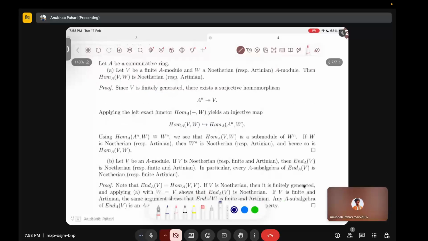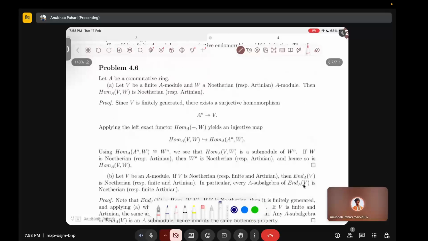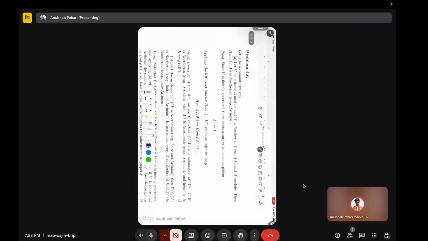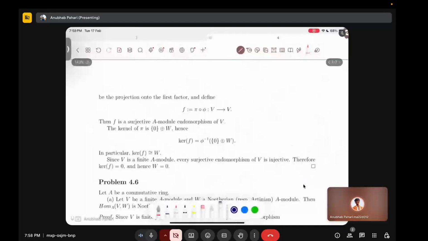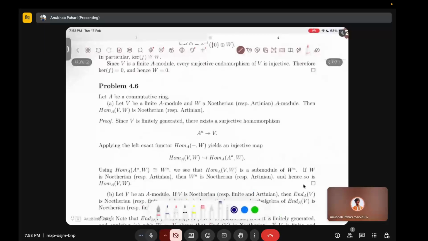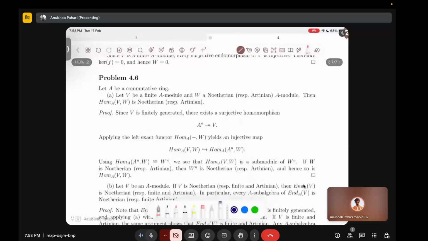Now, since V is finitely generated, there exists a surjective homomorphism from A to the power n to V. You just take all the generators of V, take the cardinality as n, and map all the e_i to those elements, and you get a surjective map.